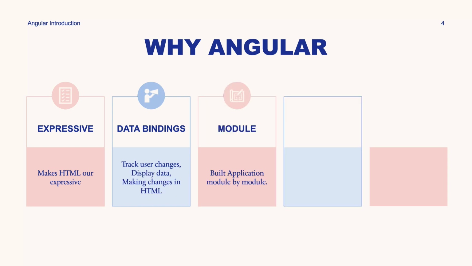The next feature is that Angular is built on a modular structure. What does that mean? When we are building any app or any website, we can break our application into simple, smaller modules like header, footer, some sidebar section and some main content section.